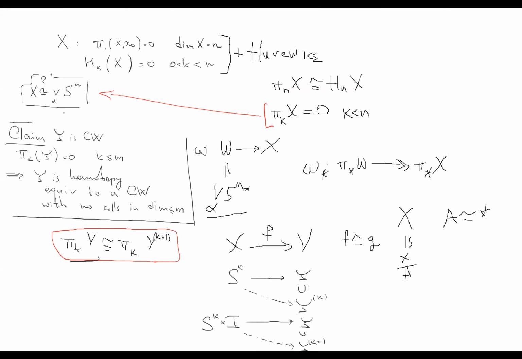Can you say it again, please? So what do you do? You have two points inside the 0-skeleton. And X is path connected, so there's some path in X. I guess by cellular approximation, we can take it to be inside X^1.